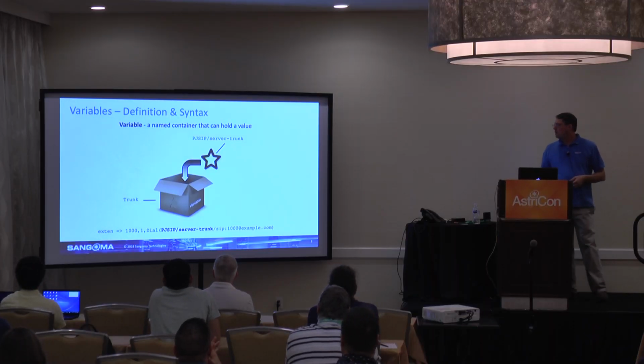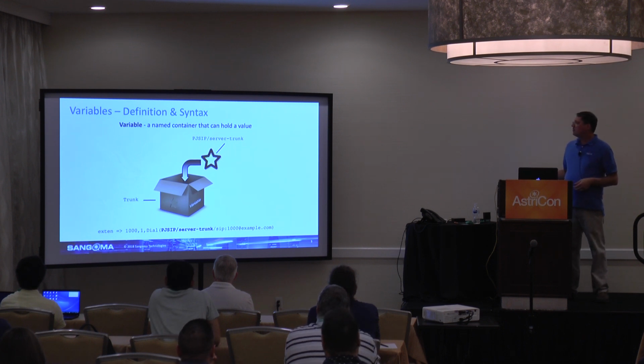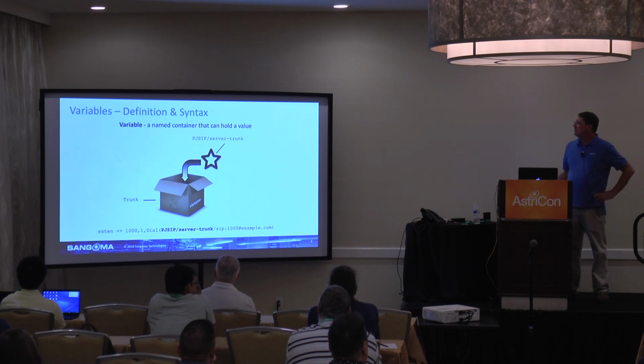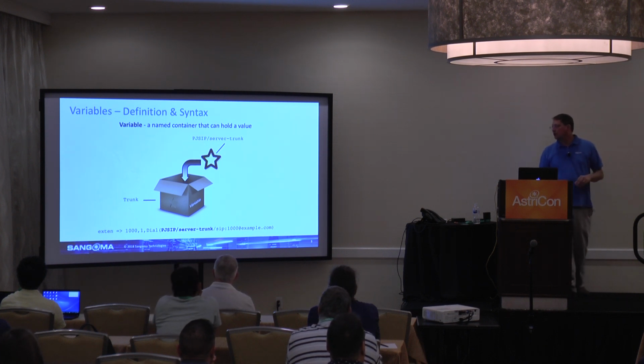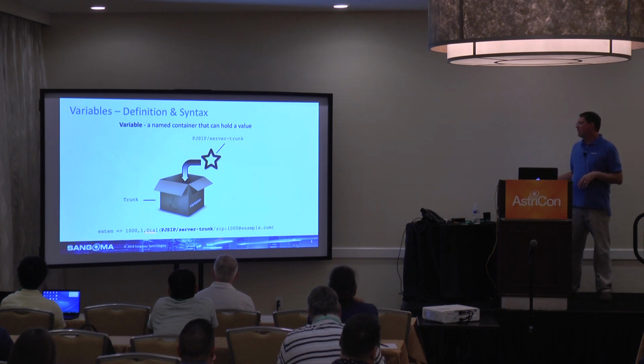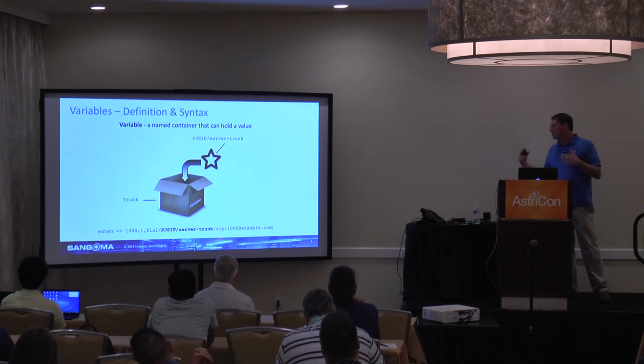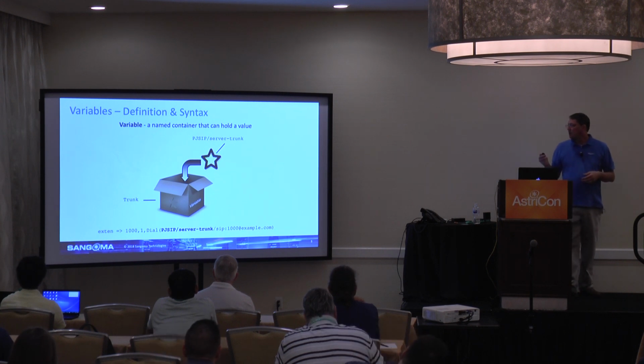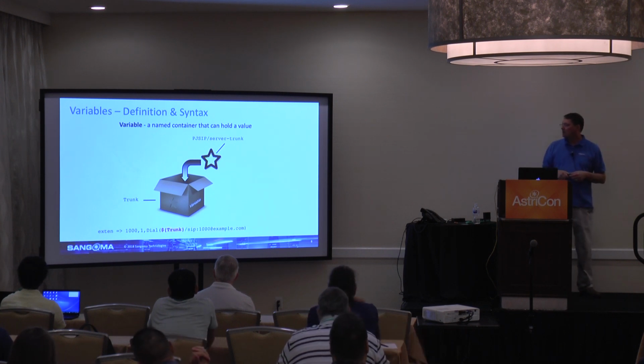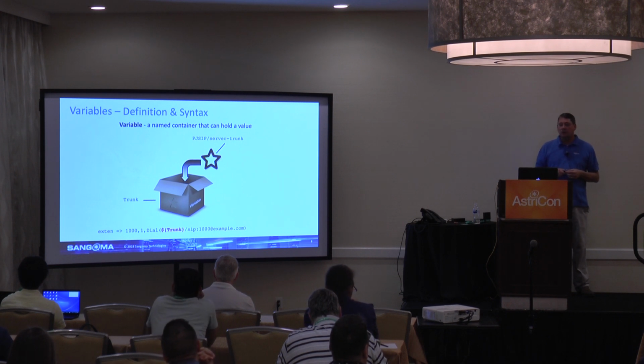What we're doing right here is we're saying that the variable trunk actually holds this value, pjsip/server trunk. And then if we're going to try to dial out the server trunk, we could do it this way using the dial command with server trunk, or we could substitute the variable name in there.